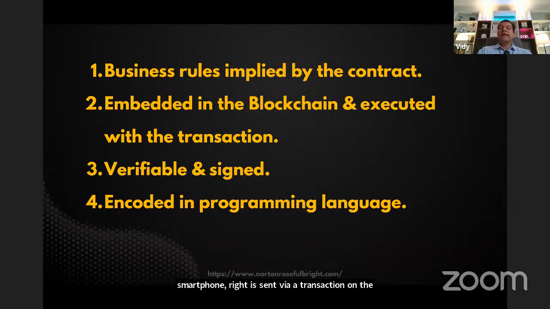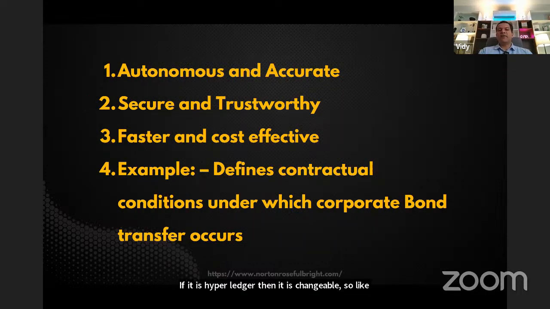The transaction, like any other transaction in a blockchain, is verified and signed. It is typically encoded in whichever programming language the blockchain is using. For example, if it is Ethereum, then Solidity is the programming language used to write smart contracts. If it is Hyperledger, then it is chaincode. Different platforms have different languages they can use.